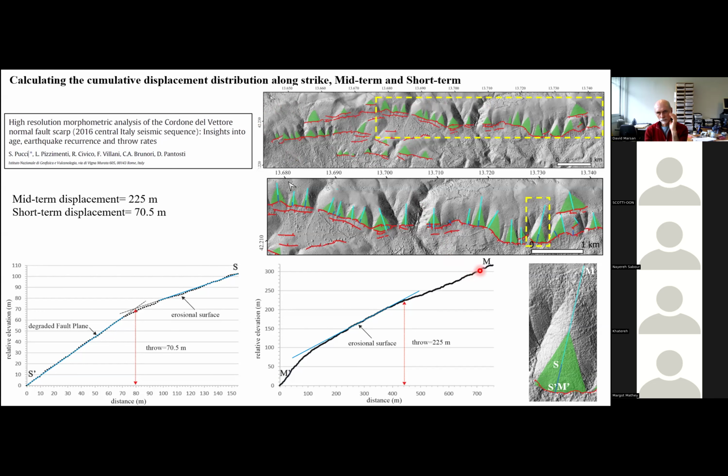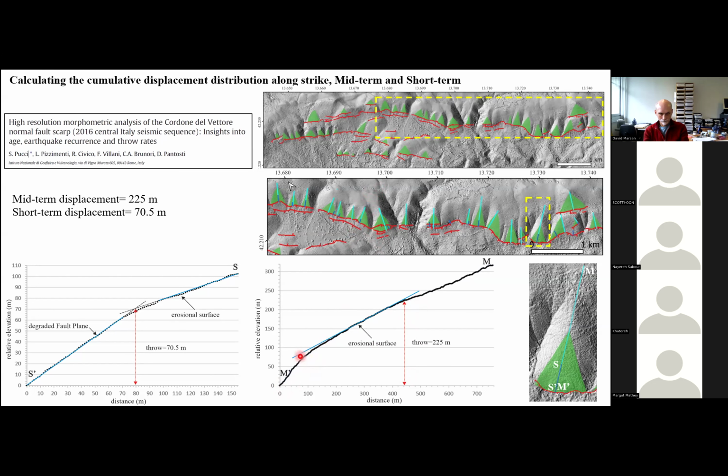I made a very precise profile along the facets, and in the area where we can see a change in the slope, like here, we consider it the top of the facets. The vertical distance between this point, the top of the facets, and here, which is 0, the contact between this profile and the fault trace, we consider as a trough, the midterm trough.